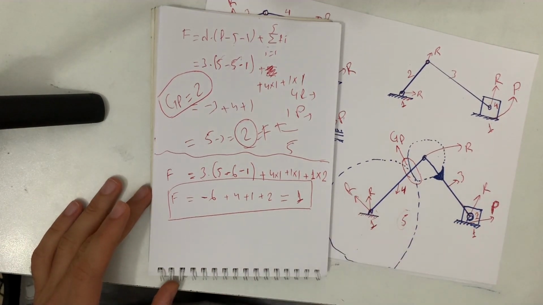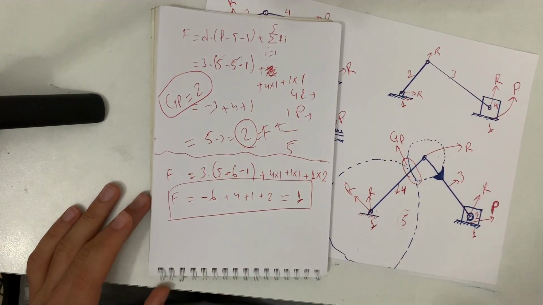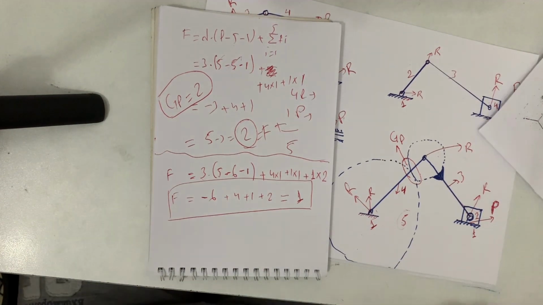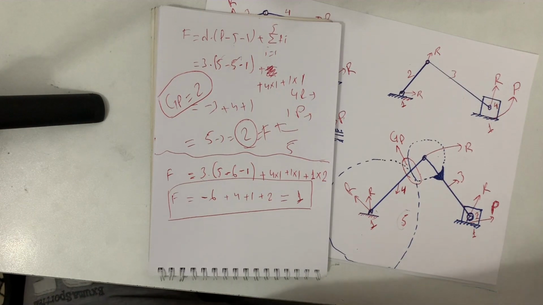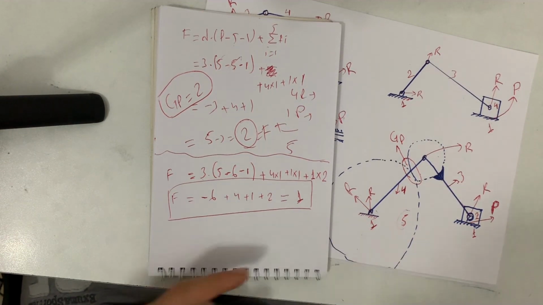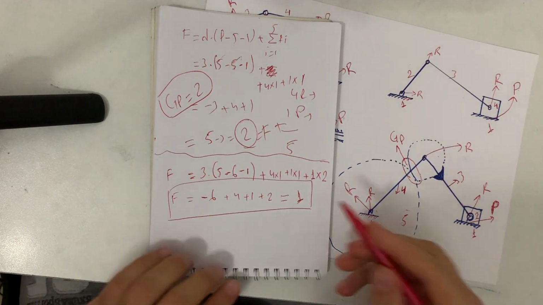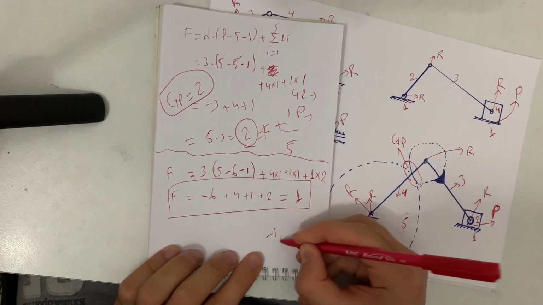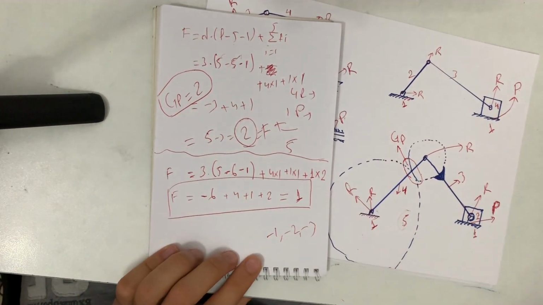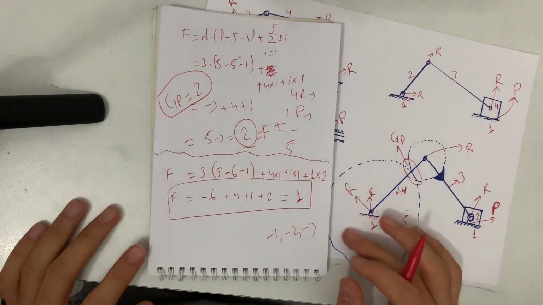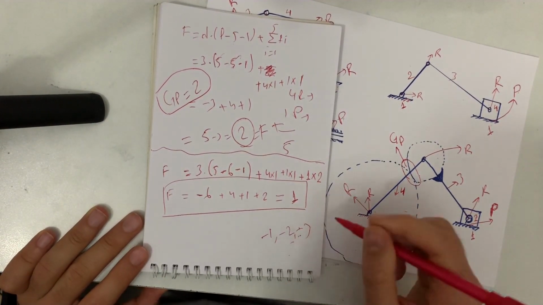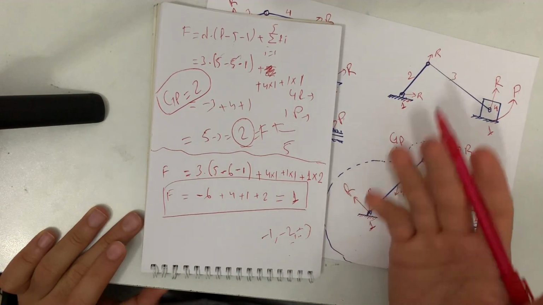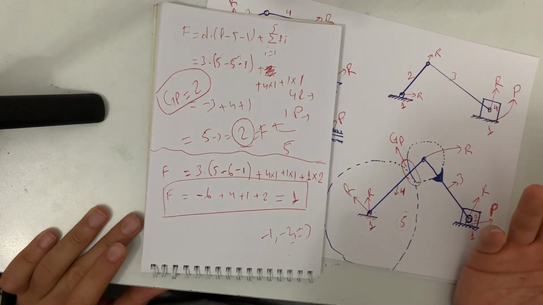As you can see, guys, generally we are finding 1 or 2, or maybe you can find 3 for the degrees of freedom. But if you find minus 1, minus 2, or minus 3, or whatever it is, it means your mechanism is not working, or you are doing some math wrong.